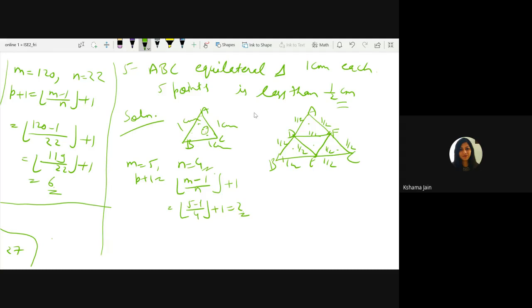Then we take the midpoints on each side of the triangle, and by joining them another triangle DEF is formed.